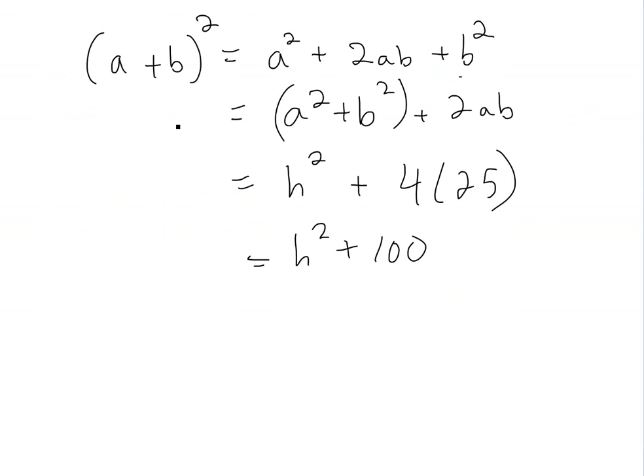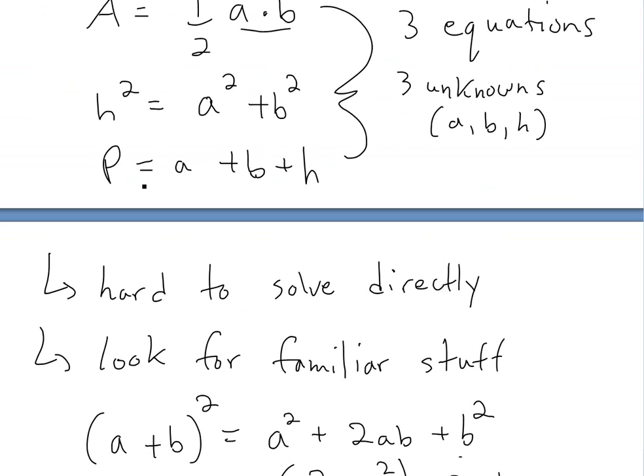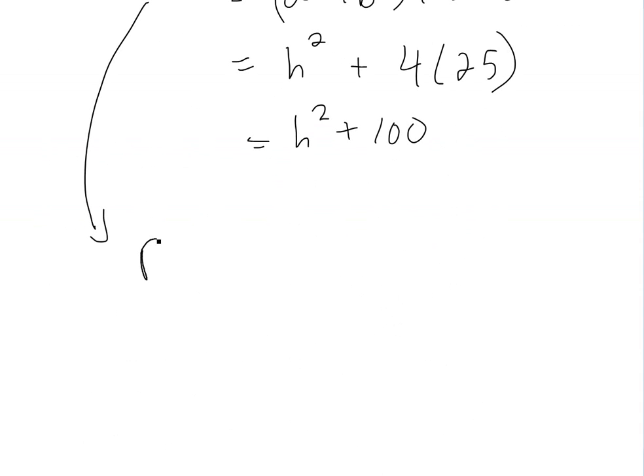But you can also write this in another way. Looking at the last equation, p is a plus b plus h. So p minus h is a plus b plus h minus h, which equals a plus b.